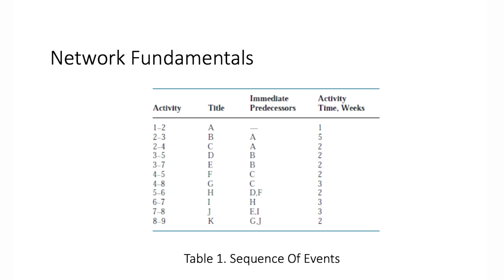Then immediate predecessors, which show us the interdependencies. For example, unless you finish activity A, you cannot start activities B and C. And then in the 4th column, you can see activity time, the duration of each activity in weeks. It can be in days, in weeks, or in months, depending on the scale of the project.